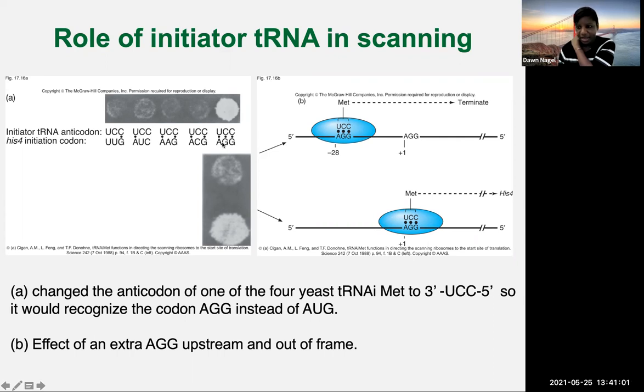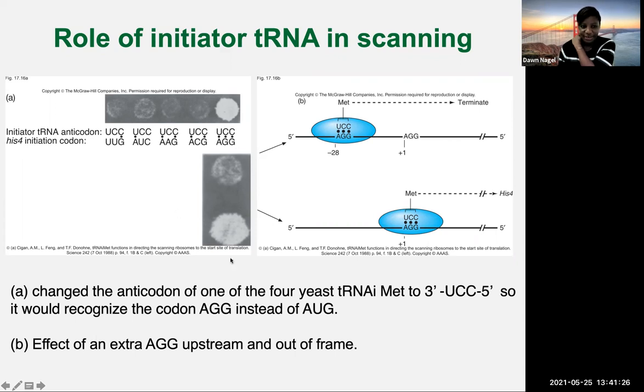They did these experiments specifically to show that the tRNA really recognizes that codon in the messenger RNA. So they converted this initiator tRNA anticodon to UCC, and in the initiation codon of the histidine gene, they had 5 different versions.